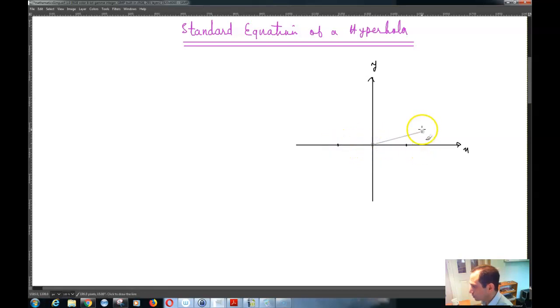If I draw these two lines over here, something like this, then the hyperbola would be something like this.